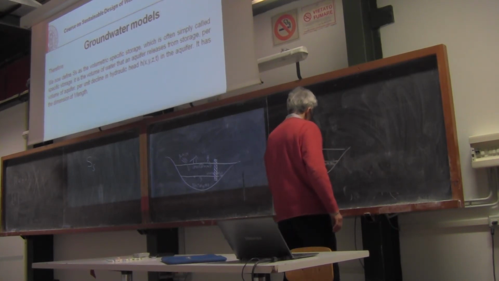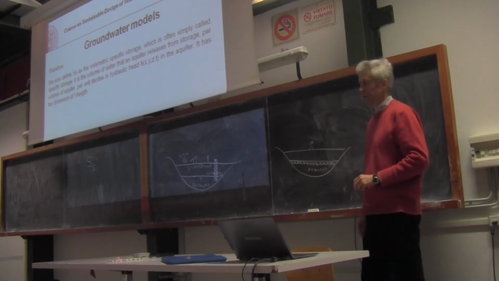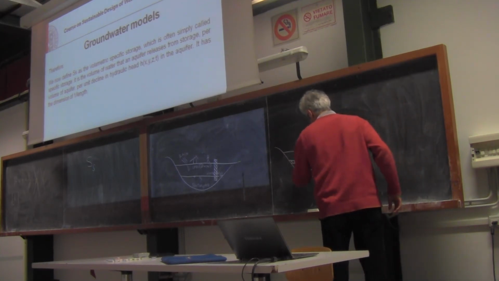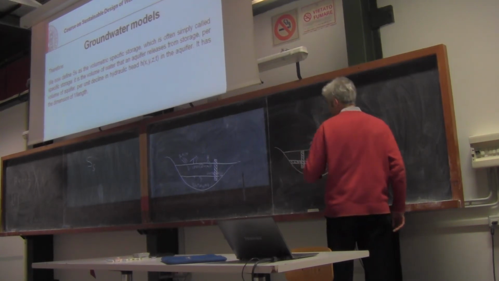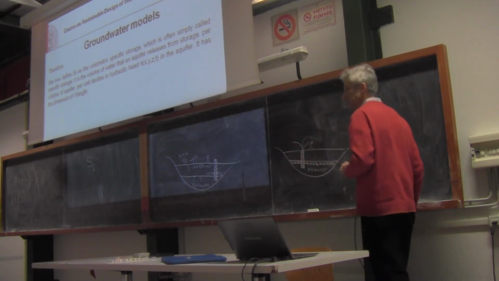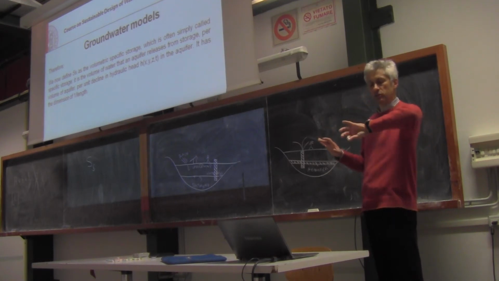It's under pressure, so it's a different situation, it's artesian. But if you dig a well into here and you get through the confining layer, what happens? Water flows over the ground. Very good, because I don't have to spend energy to get it.